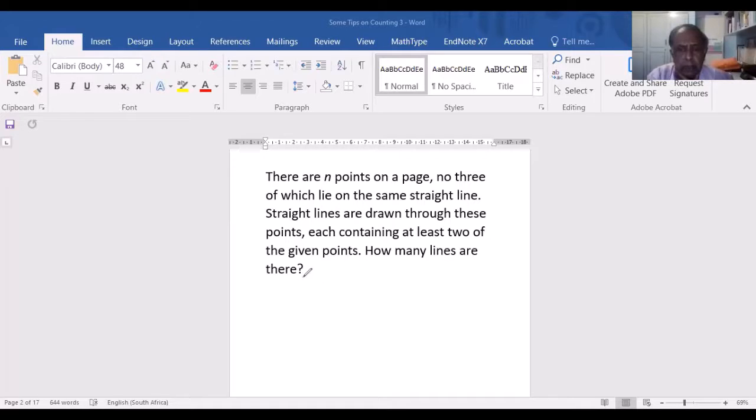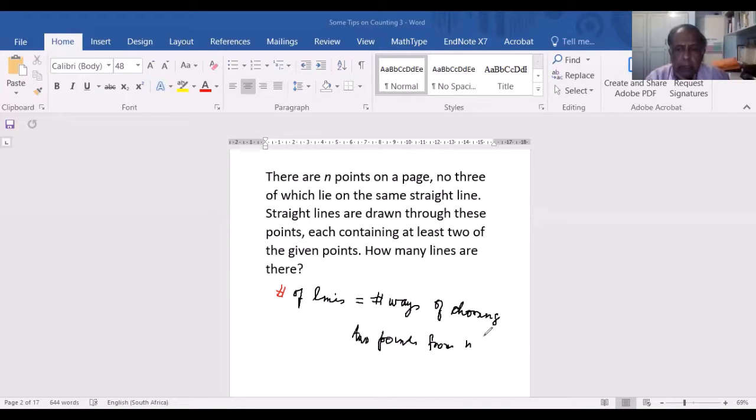So the number of lines is equal to the number of ways of choosing or selecting two points from n points.